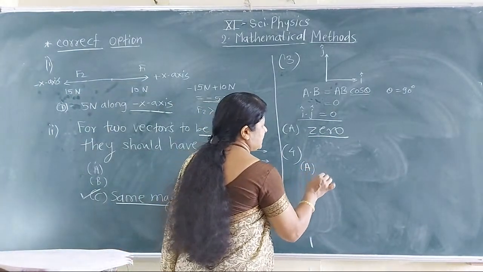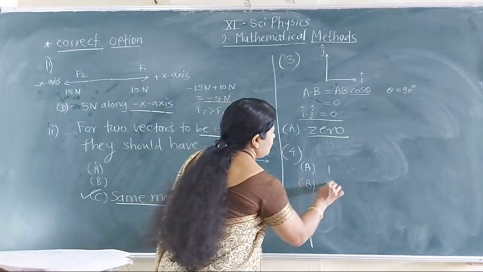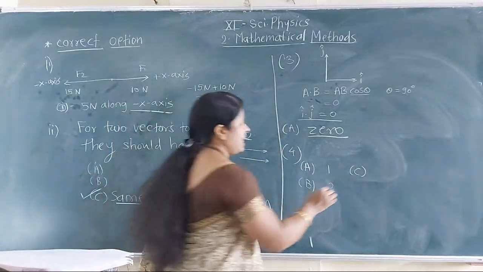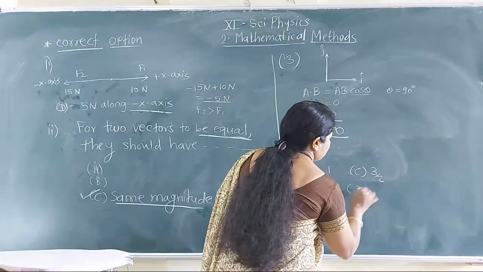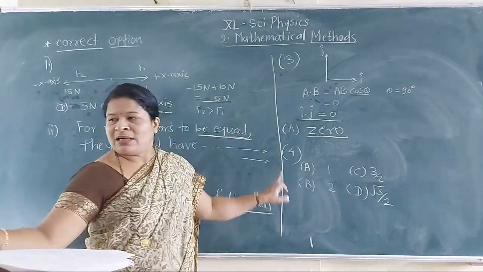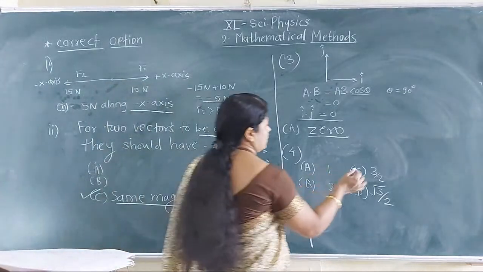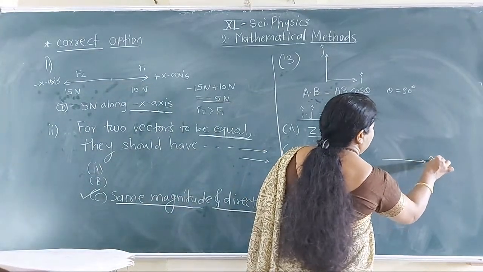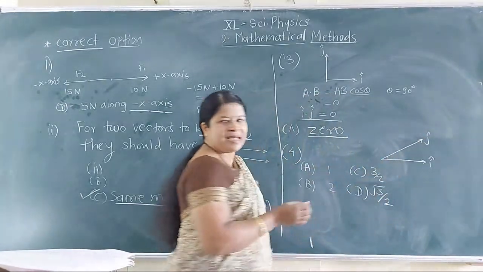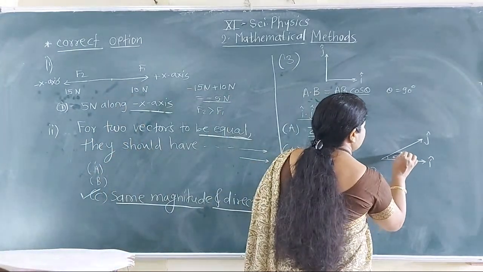The options are A is 1, B is 2, C is 3 by 2 and D is root 3 by 2. The magnitude of the vector product of two unit vectors, the first i cap and the second j cap, with the angle between them 60 degrees.